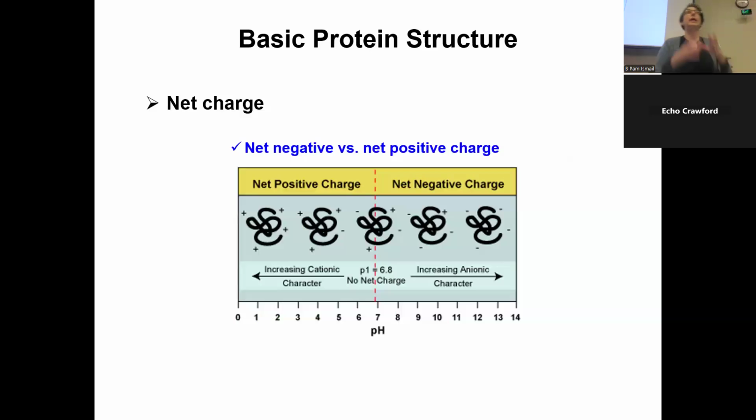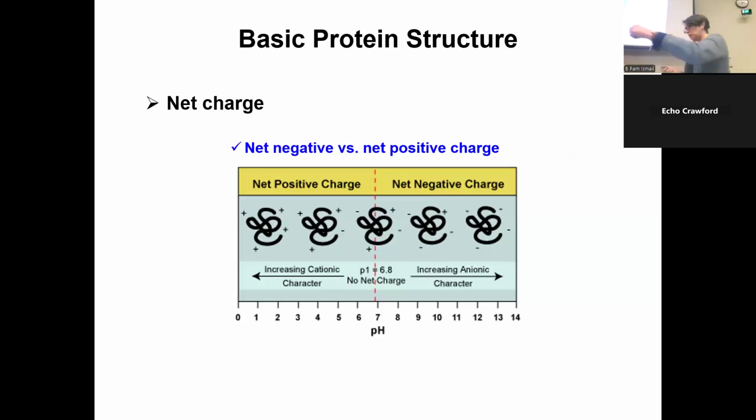Like each amino acid, the whole protein carries a charge at a particular pH. And the charge, we refer to it as net charge, because you have a lot of charges in the proteins. You have positives and negatives at all sorts of pH, but when you add them together, you end up with a net charge. The pH at which your net charge is 0 is the isoelectric point.